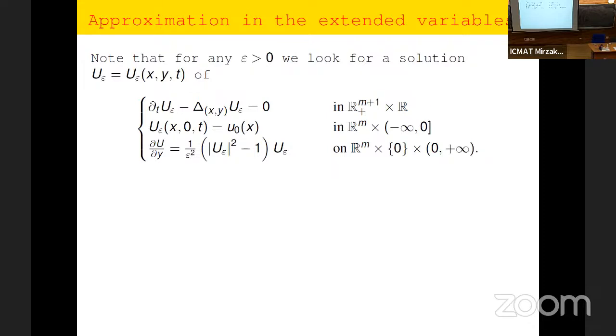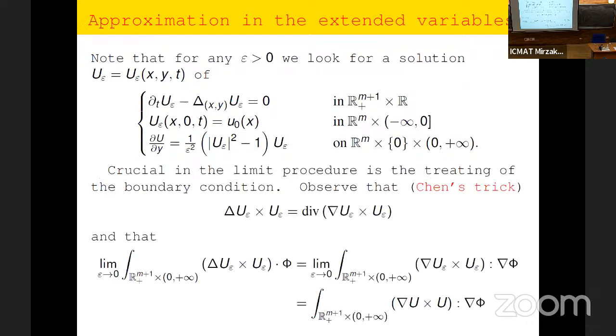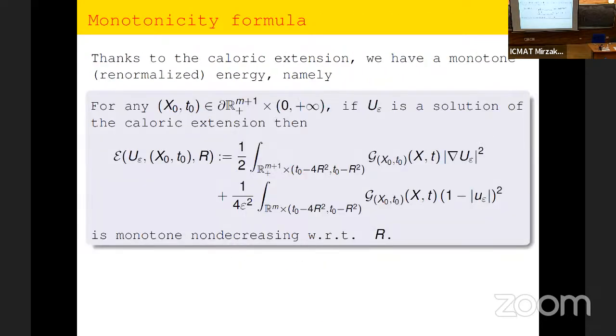So how about the weighted monotonicity formula? Monotonicity formula for weighted energy for other exponents. Yes. So, sorry, yes, it's well. The structure is essentially the same.